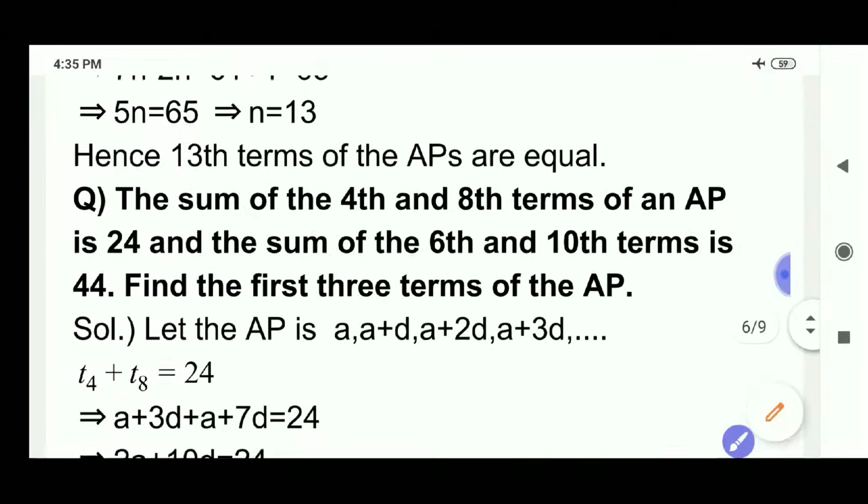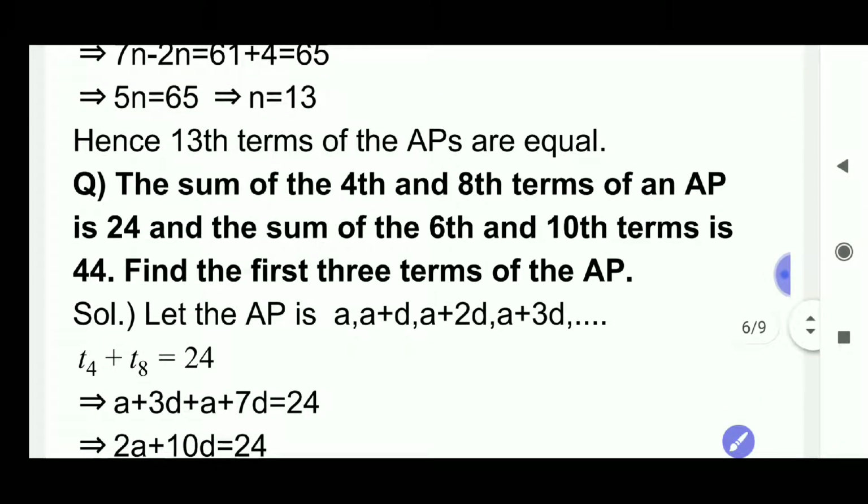Now let us solve the last question. The sum of the 4th and 8th terms of an arithmetic progression is 24 and the sum of the 6th and 10th terms is 44. Find the first three terms of the arithmetic progression.